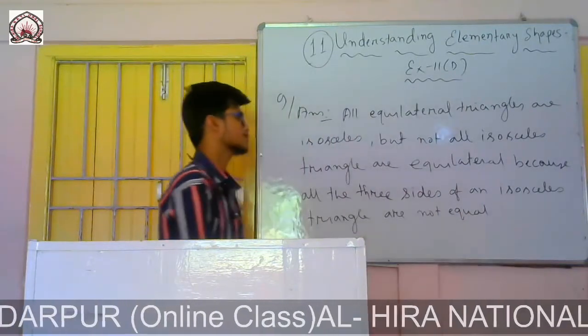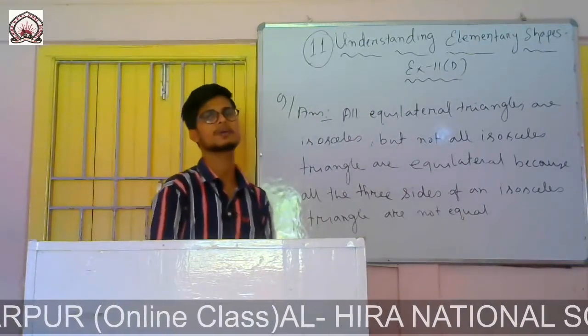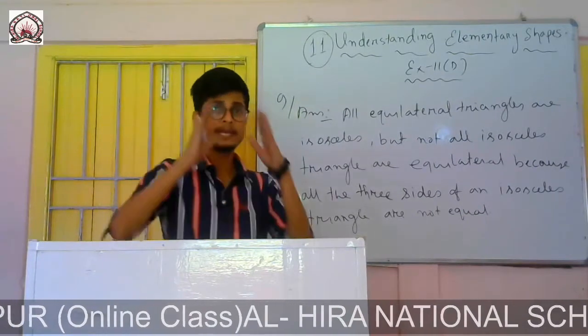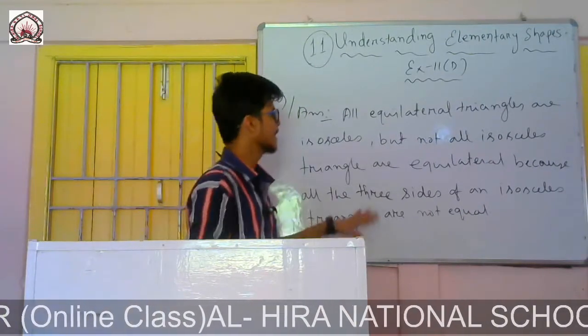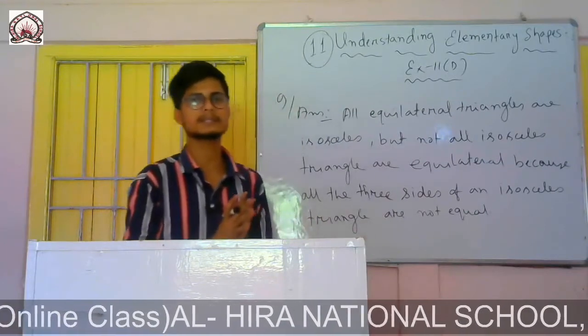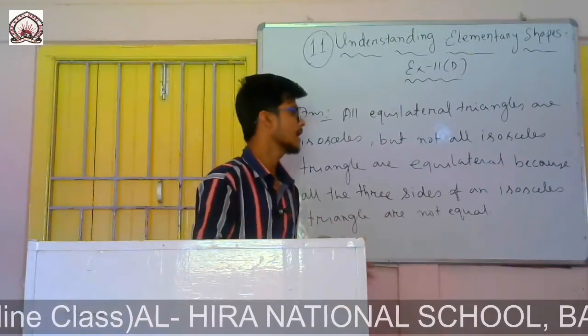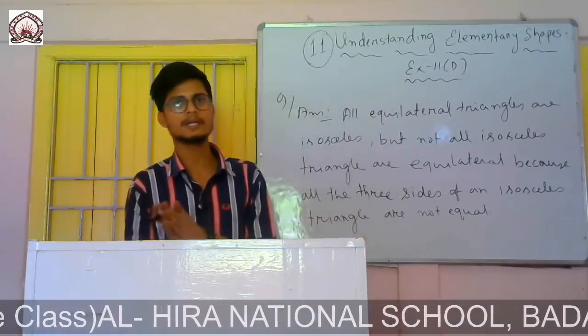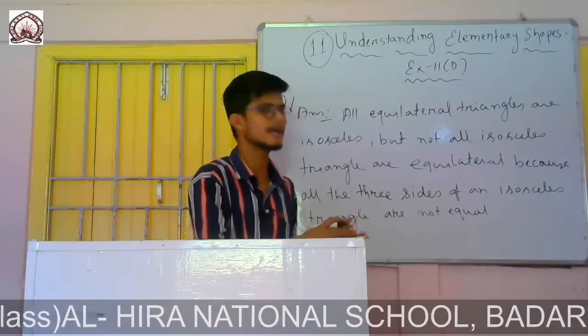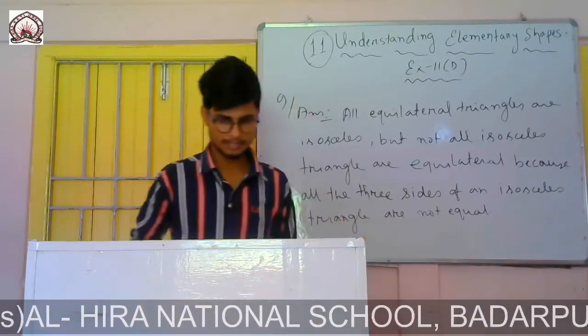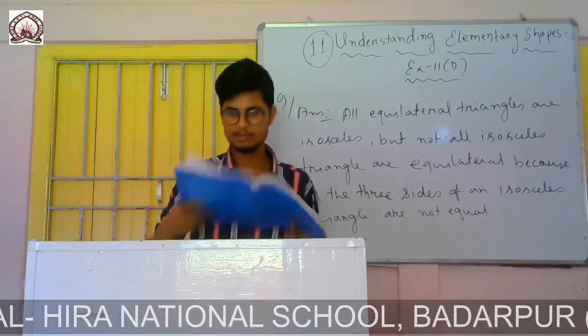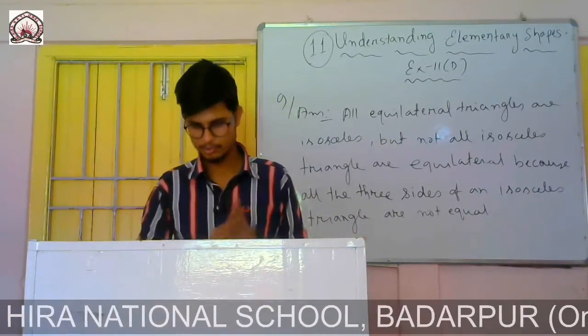In case of an isosceles triangle, only two sides are equal. But in case of an equilateral triangle, all three sides are equal. So we can say that an isosceles triangle is not an equilateral triangle, but an equilateral triangle is a special kind of isosceles triangle.